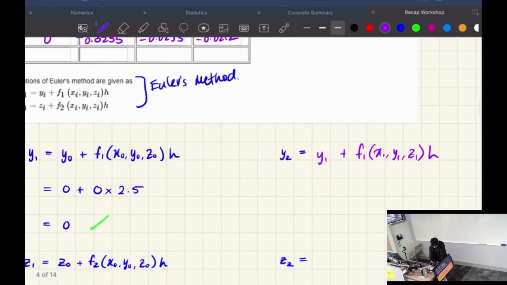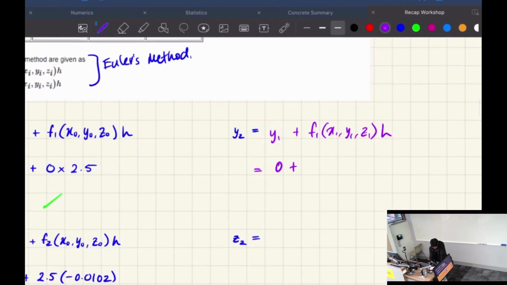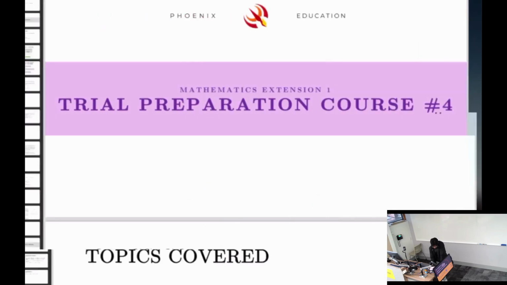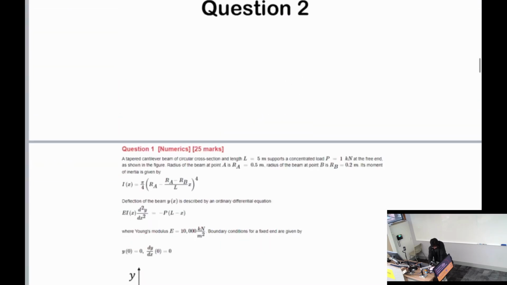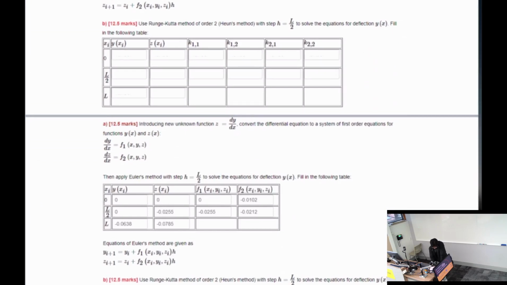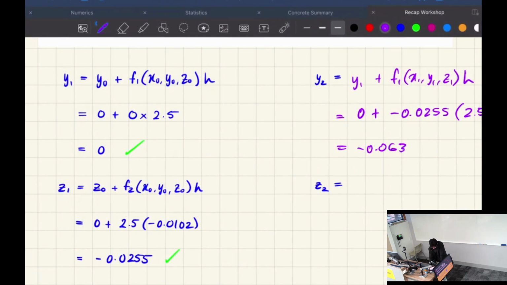Okay. So you get this to be, what's y1? 0 plus negative 0.0255 times 2.5, which is equal to, I'll do that in my head real quick. You get negative 0.0638.